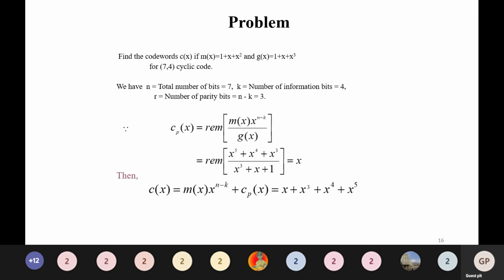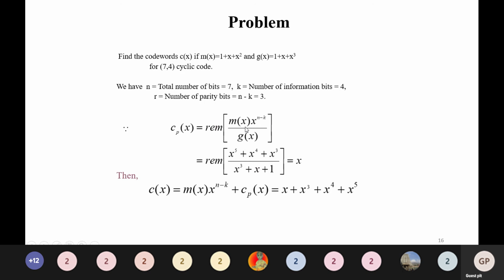As you know, the code word follows m of x into x power n minus k plus c suffix p of x. Here n is the total number of bits, k is the number of input bits, and the parity bits are 3.